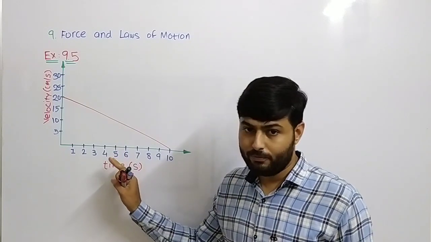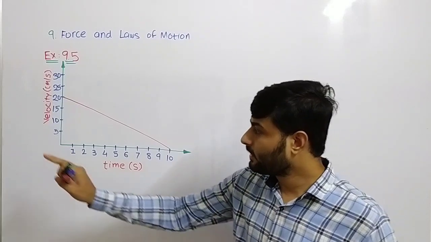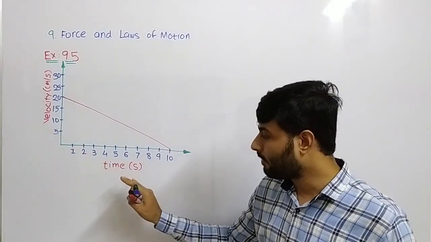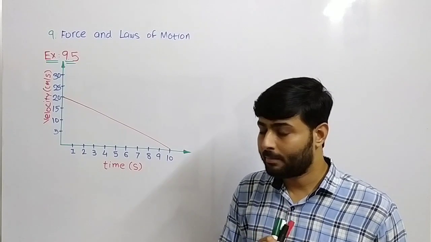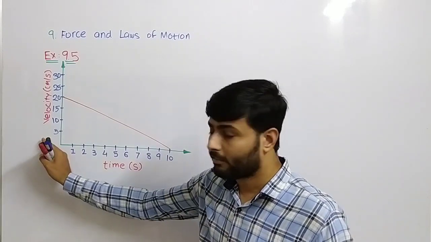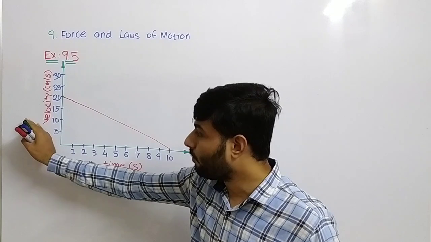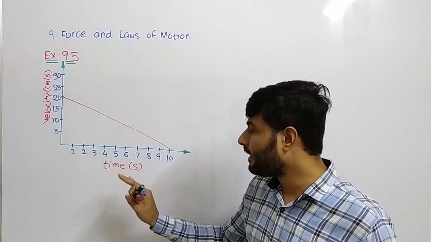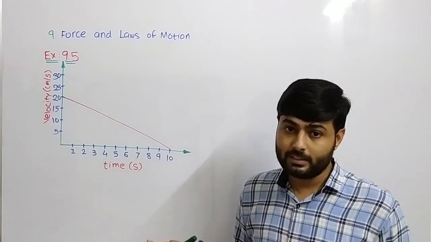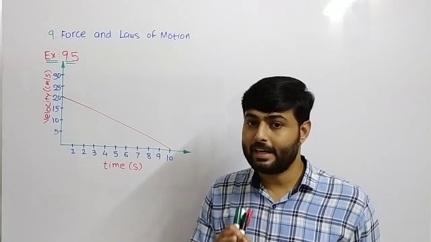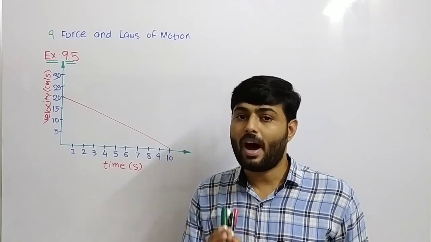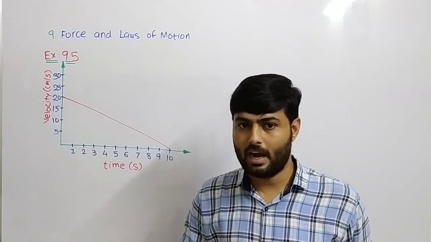We have one graph. You can see this graph is a velocity versus time graph. Now you know from chapter number 8 that the y-axis is the velocity axis and this x-axis is the time axis, and we always read a graph as y versus x graph.